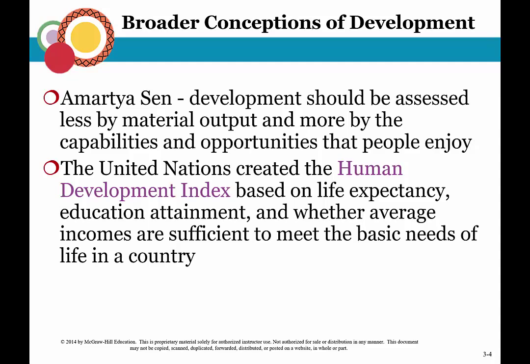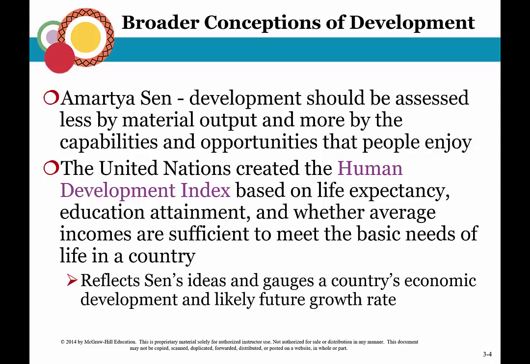It's a lot like our life here in the United States. If we're constantly struggling to put food on the table, then we won't necessarily aspire to greater things. Higher levels of need won't necessarily be targeted. So this notion of the human development index really supports Sen's idea, essentially.